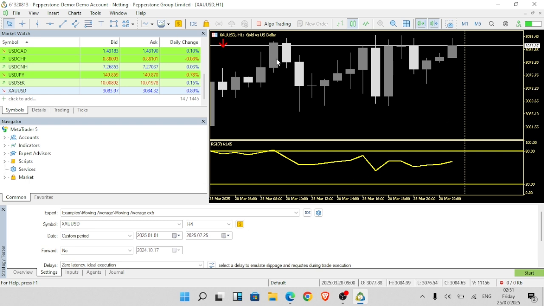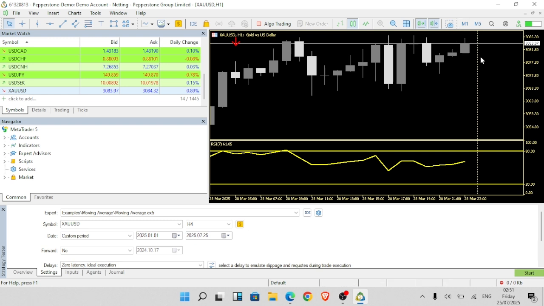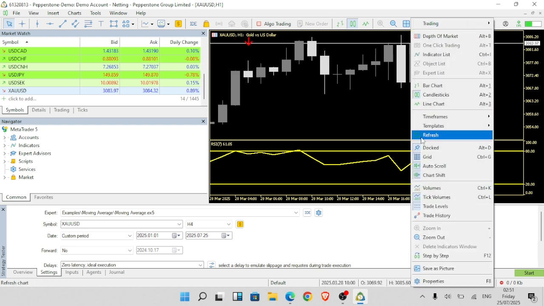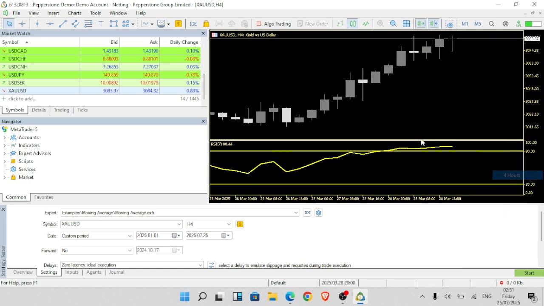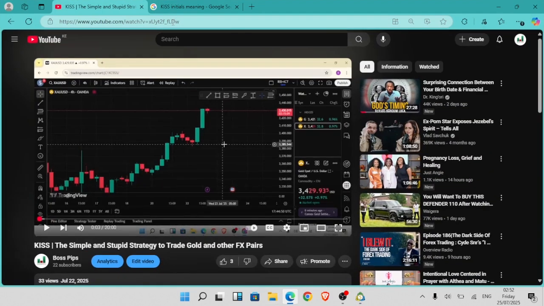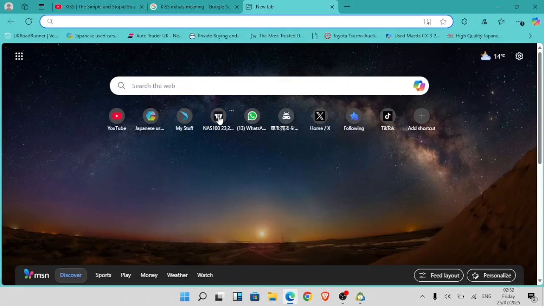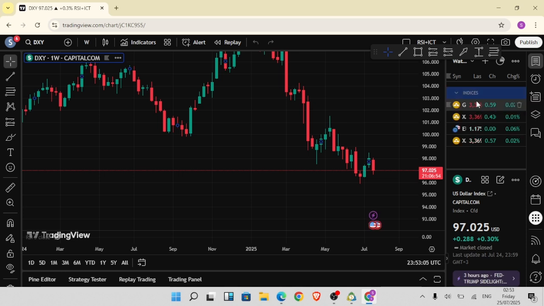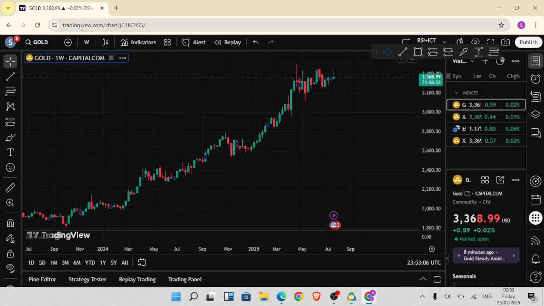In the 4-hour time frame, I'll use my TradingView.